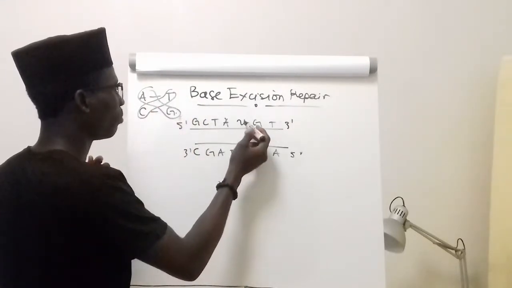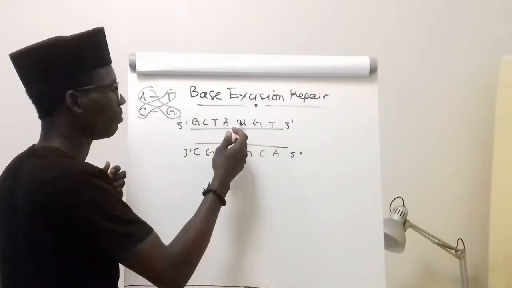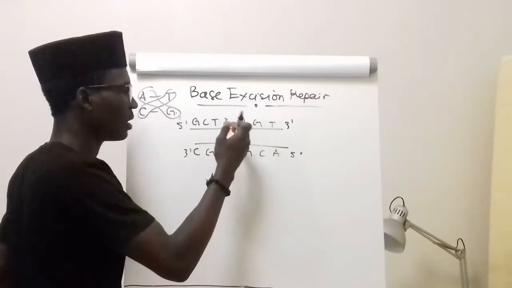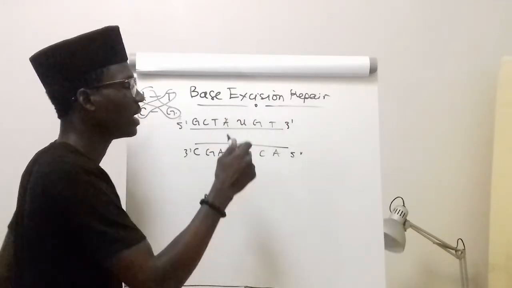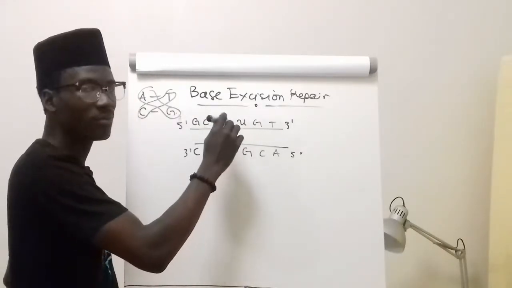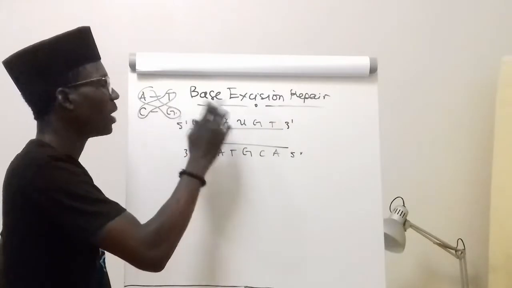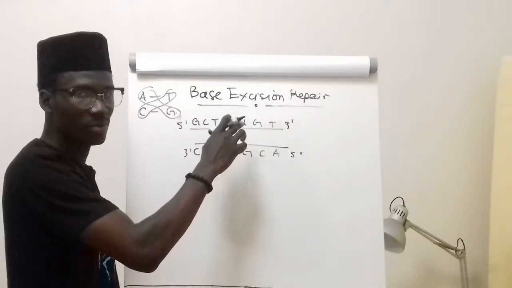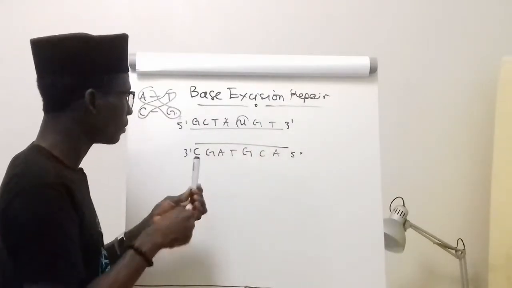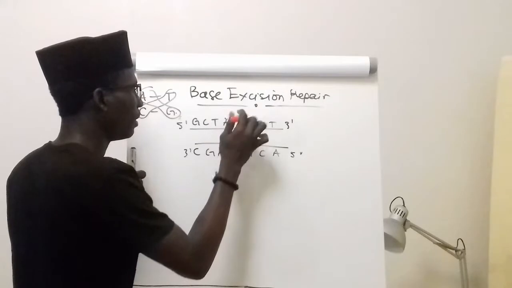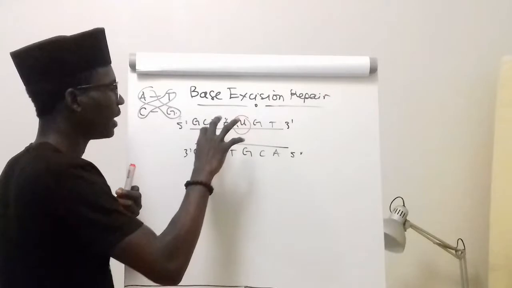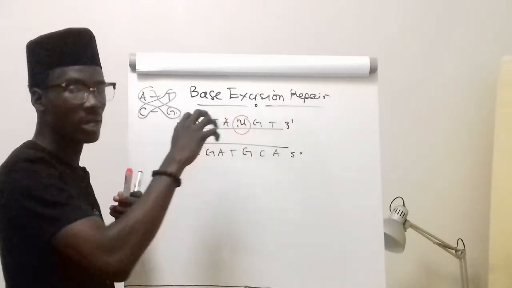There's a problem here, because first of all, this is DNA, the deoxyribonucleic acid molecule. The difference between RNA and DNA is that in DNA we have thymine, while in RNA you have uracil. So this tells us that there's actually a problem here. The cell has a system which helps to check for such errors.